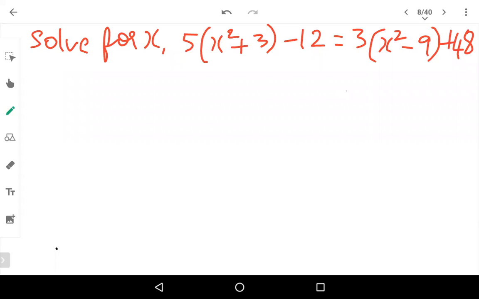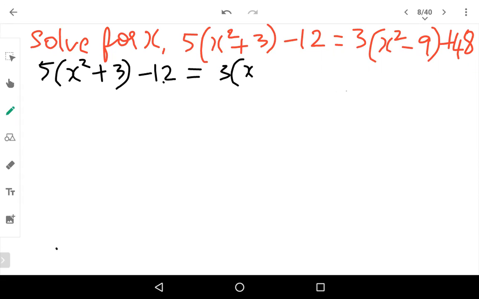I'm not asking you to write questions for statement problems, but when the problems are like this, which have only equations or numbers, copy down the question and then solve it. You need not copy "solve for x" and all, just copy down the numbers. Something like this: 5(x square plus 3) minus 12 is equal to 3(x square minus 9) plus 48.